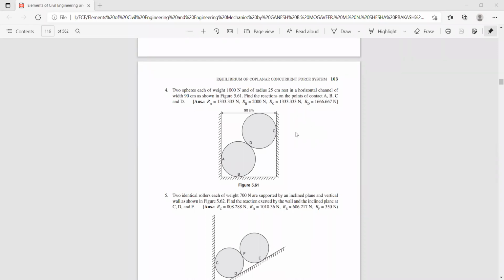Now, in the first equation, sigma Fx is equal to 0, RC is equal to RD cos 36.86. The RD value you got is 1694 point something.